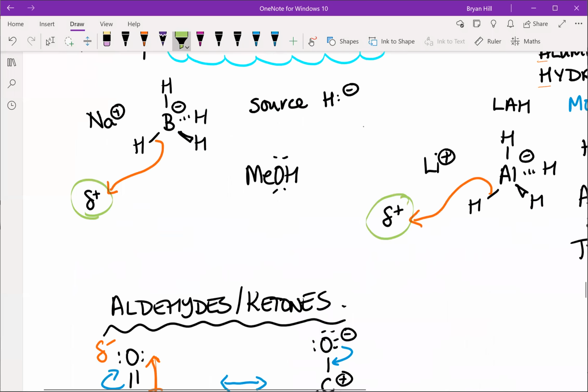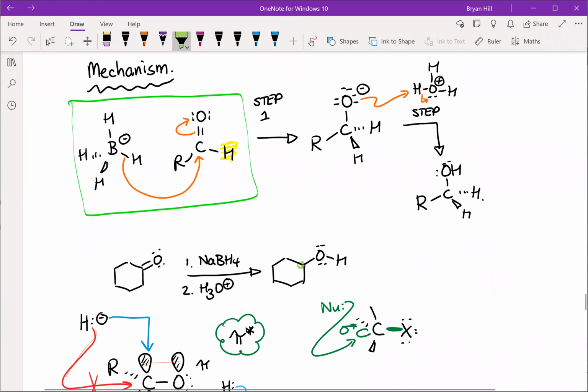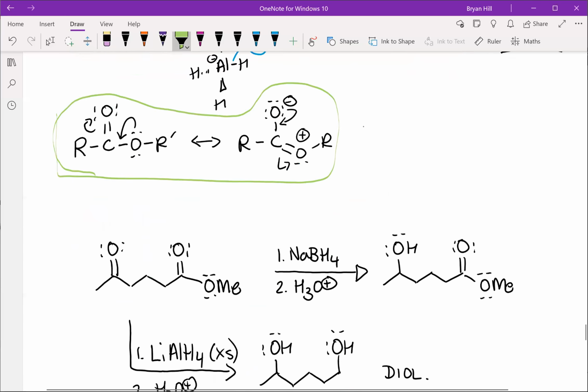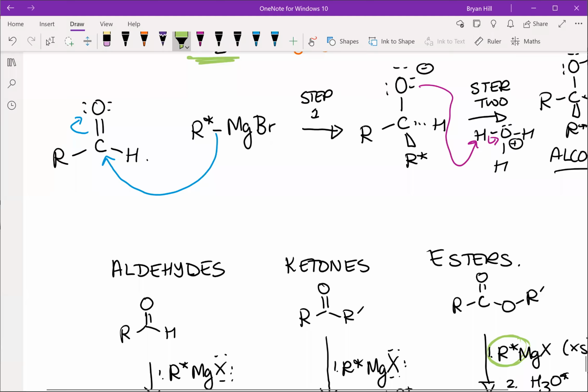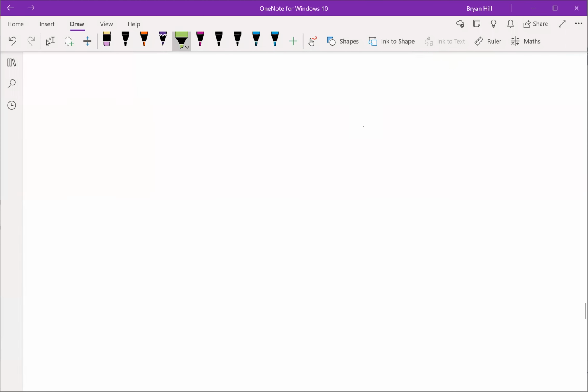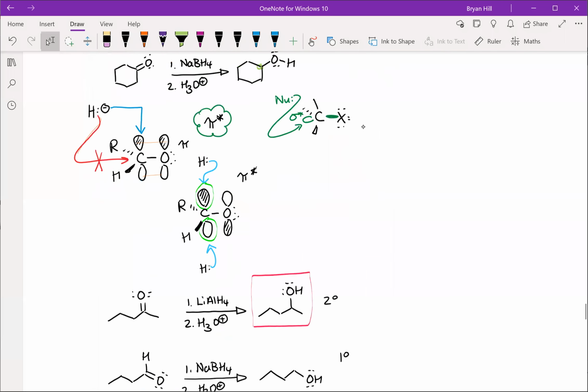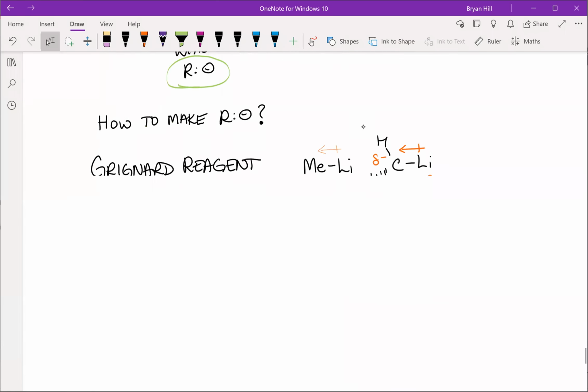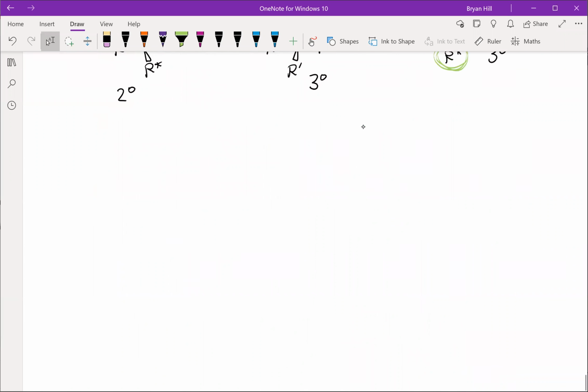But anyway, for what you did in the lab, carbon dioxide still has a delta positive here, delta minus.